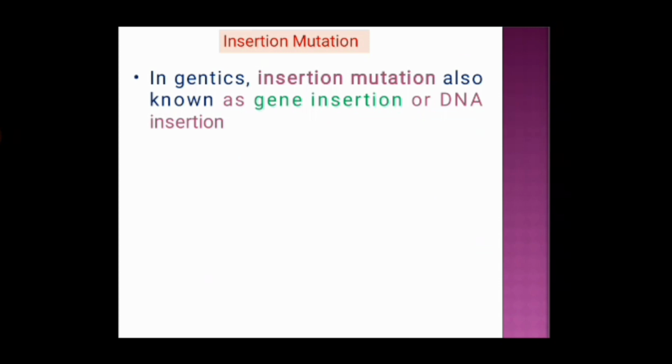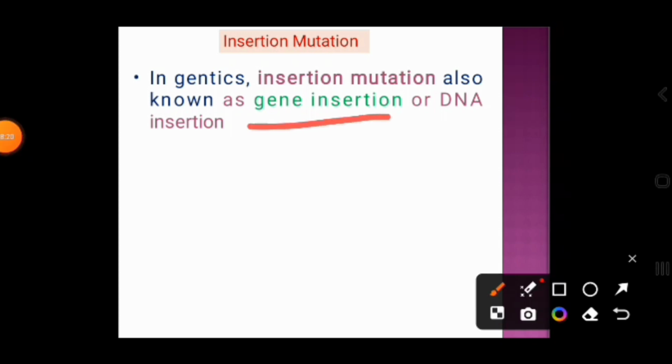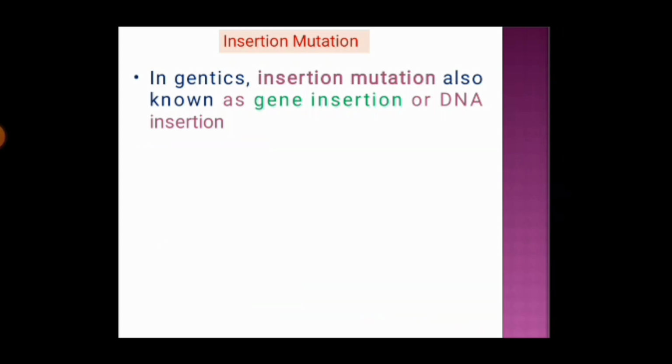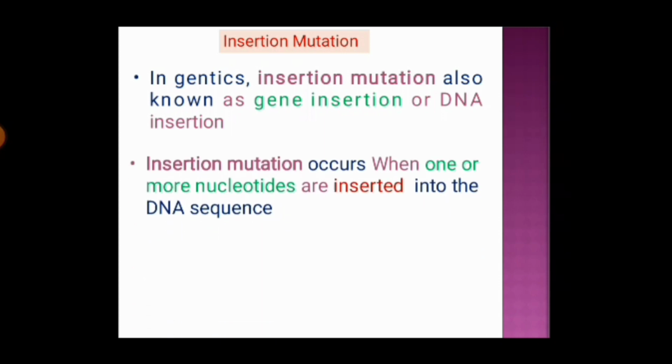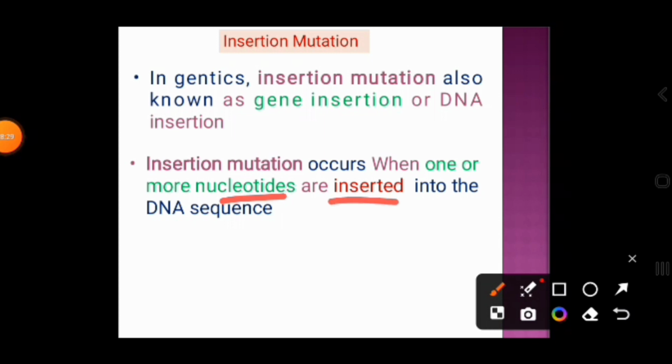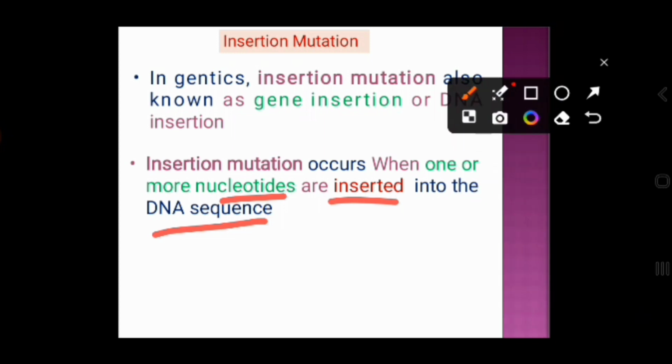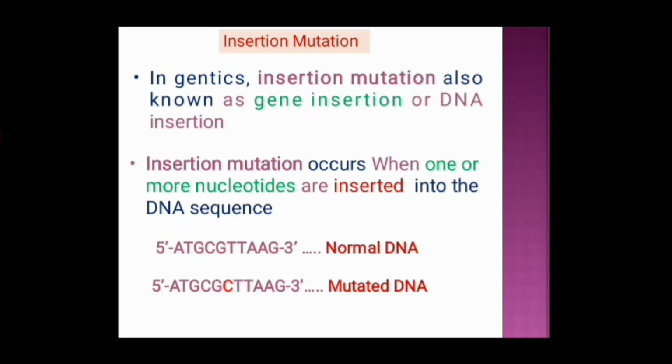Now let's discuss insertion mutation in genetics. Insertion mutation is also known as gene insertion or DNA insertion. It is caused when one or more nucleotides are inserted into the DNA sequence. Look at this.